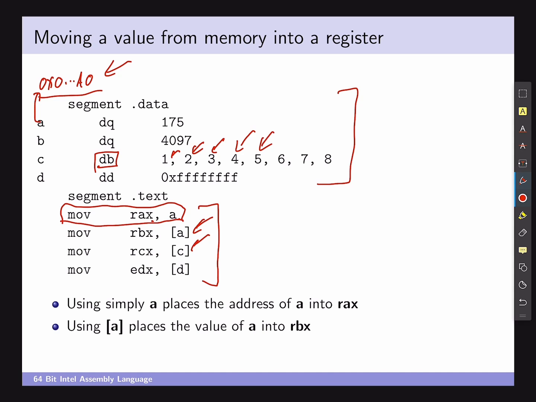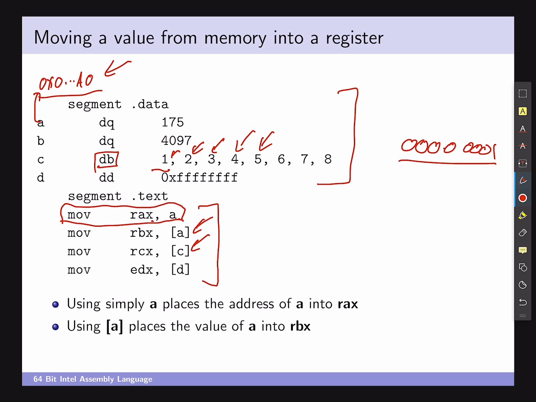Here we see that I'm going to move C into RCX, and now this is where you might be getting a bit confused. I'm dereferencing, so that's fine. I know I want the value, not the address, but C points to this 1, so basically it will have the value 0000001 stored in the first byte.